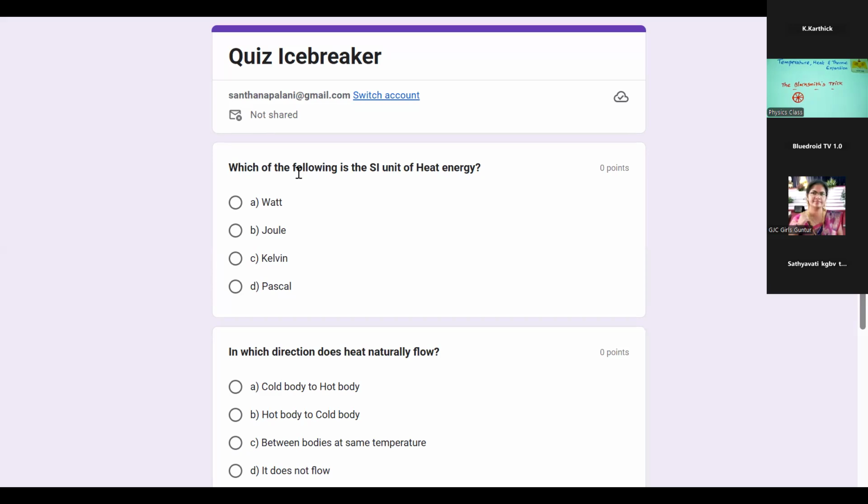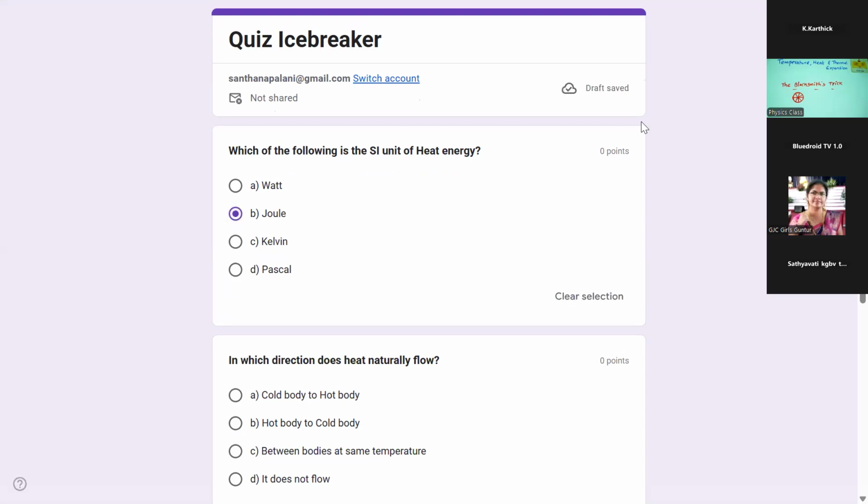Which one is correct? The SI unit for heat energy is option B, joule.